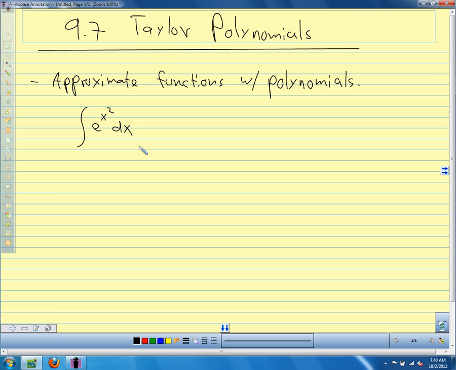So we can prove that it exists, but we don't necessarily have a procedure for writing it down. And Taylor polynomials can give us a way to approximate this. So that's one reason. Anybody think of another reason why we would approximate functions with polynomials?